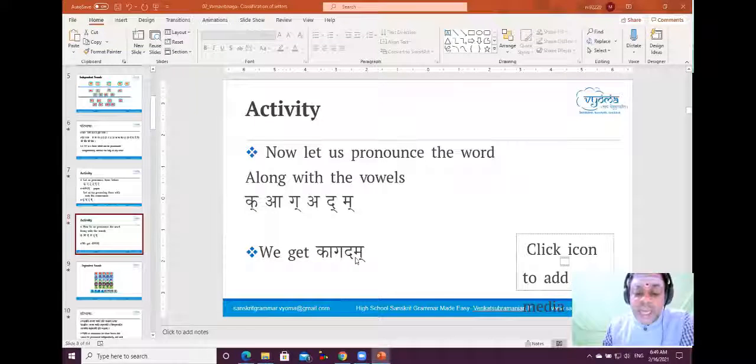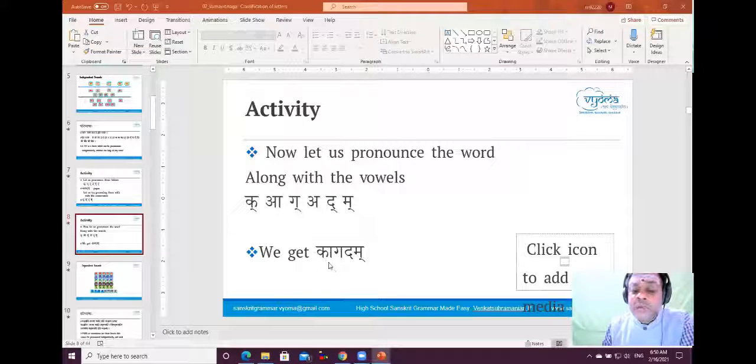But if you take Da as a letter, how many matras does it have? Da is made up of D plus A. The matra for D is half, 0.5, plus Akara is 1 matra. So technically speaking, Da is 1.5 matras.